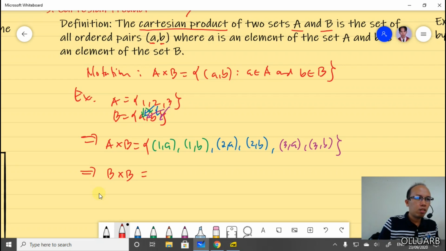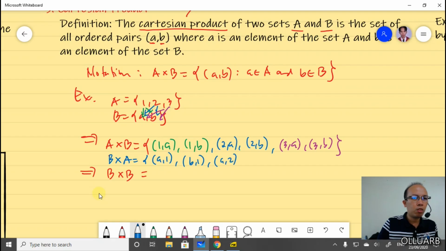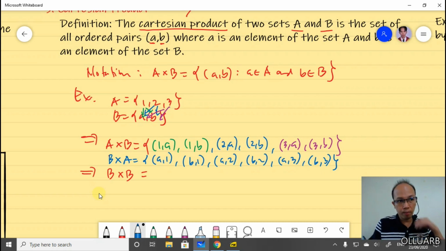So for example, B times A is a1, b1, a2, b2, a3, and b3. So they are not equal. Of course, (2, 3) and (3, 2) in the Cartesian plane, when you plot those points, they are not equal.